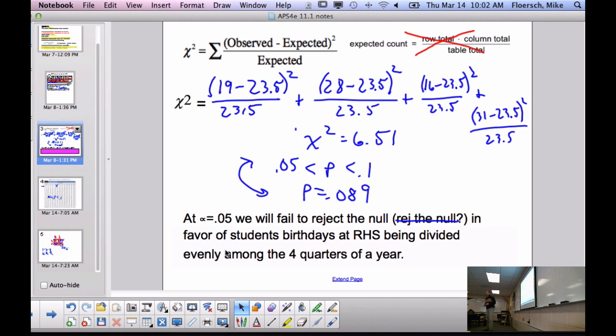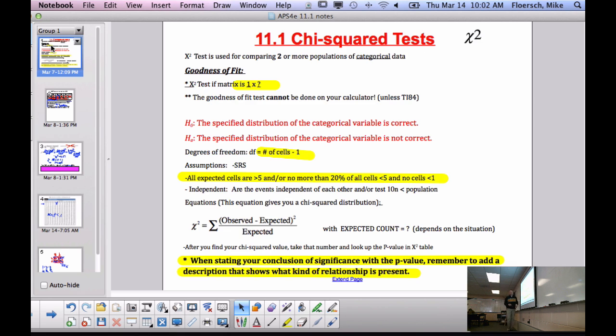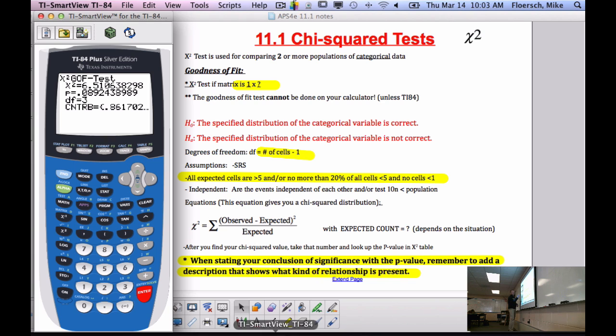So then what happens is you would go back to your data. Remember here, I highlighted this when stating your conclusion. Remember to add a description that shows what kind of relationship is present. Where is there a big difference? So you'd go back to your calculator and do stat edit. And you look at list 3, and you'd see which chi-squared value is the biggest.